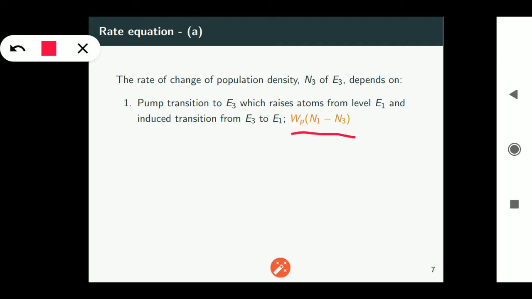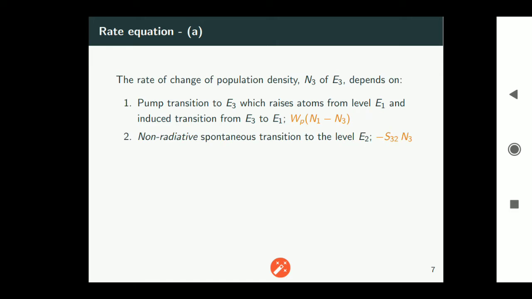Wp N1 represents the pump transition, which depends on the radiant intensity, density, and number of atoms in the ground level N1. This transition increases the number of atoms in N3, therefore it has a positive sign. Whereas the de-excitation transition from N3 to N1 depends on Wp N3, decreases the population of N3, therefore it is associated with a negative sign.